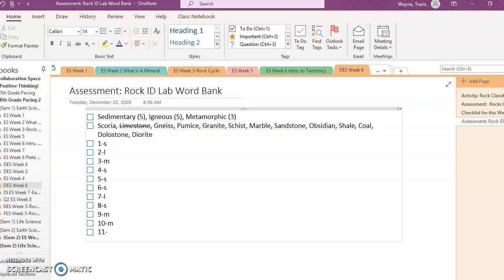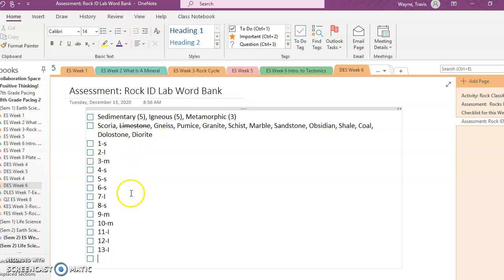The other thing too is don't forget to write down their characteristics or what features you used to help identify that rock type and rock name. So there are 3 different parts that you're going to be using on that sheet of paper. This is not going to be on your OneNote.